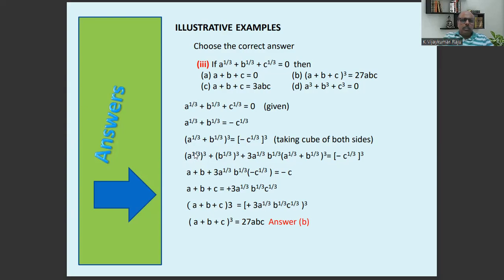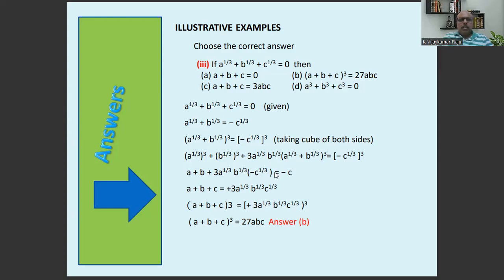So here, 1 by 3 into 3, the 3 cancels, leaving only a, and only b. So 3 a raised to 1 by 3 into b raised to 1 by 3, times a raised to 1 by 3 plus b raised to 1 by 3. And from here we get a raised to 1 by 3 plus b raised to 1 by 3 is minus c raised to 1 by 3. So instead of this, I substitute minus c raised to 1 by 3.